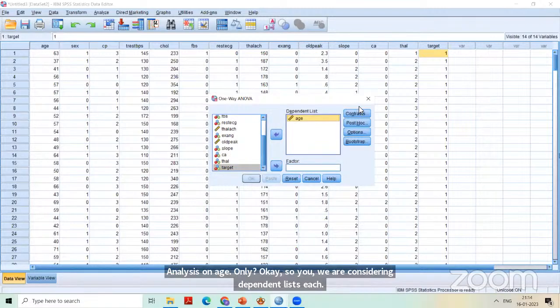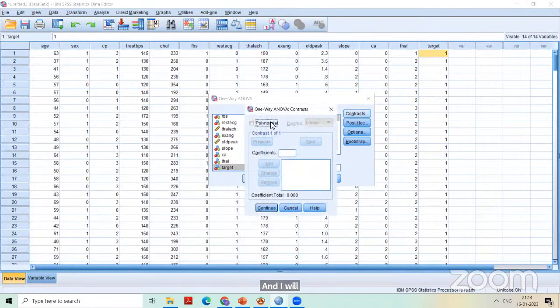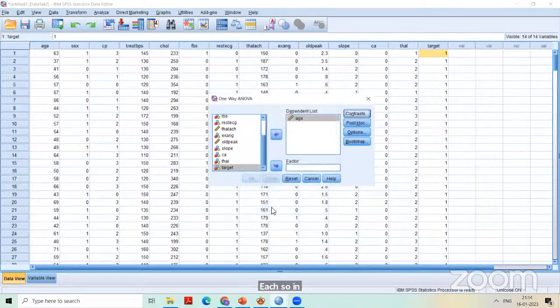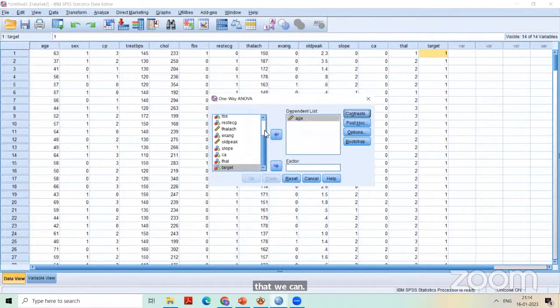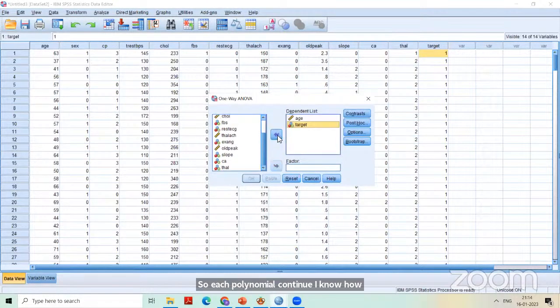In contrast, you have to select polynomial degree, linear. These are the settings that we can choose. So age, polynomial, continue.